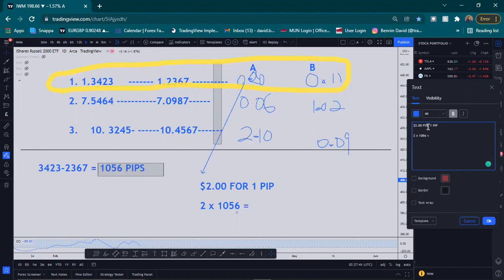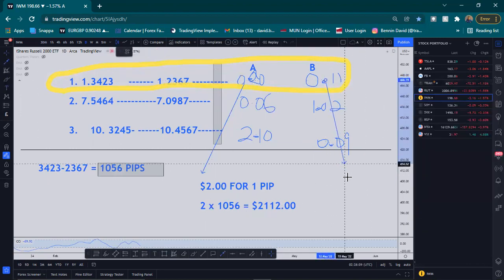So if A took the first trade, which made 1,056 pips with a lot size of 0.2, the total amount of money A would make would be $2,112.00.